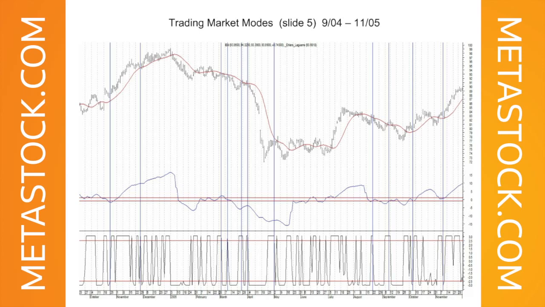And I'll just show you some more of the slides where you can see, for example, in late 04, you can see over on the very far left where you have, again, this hook. You're above the Laguerre filter. We're in a congestion phase in the ACT TQI. We're heavily oversold on the Laguerre stochastics. Good up move.